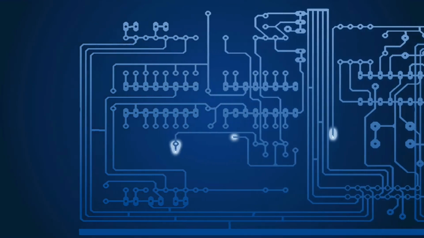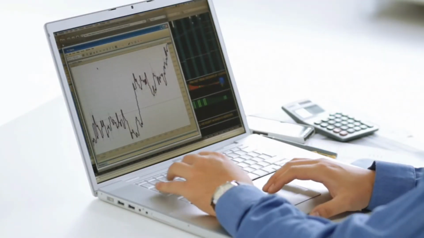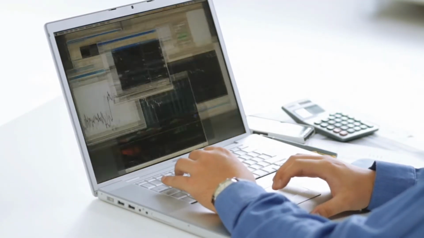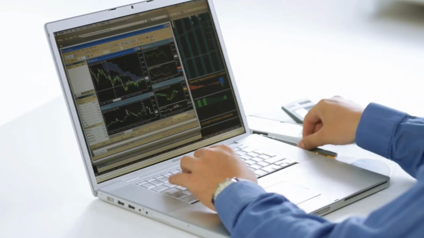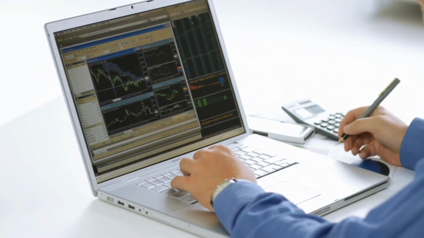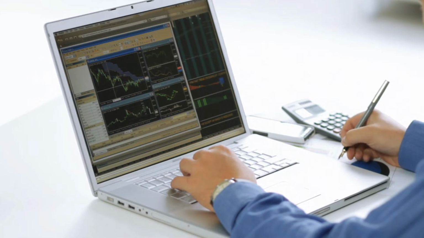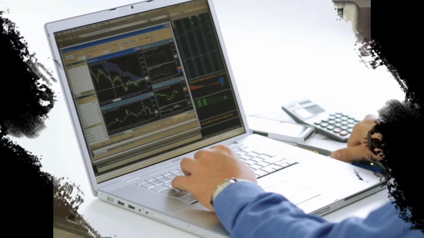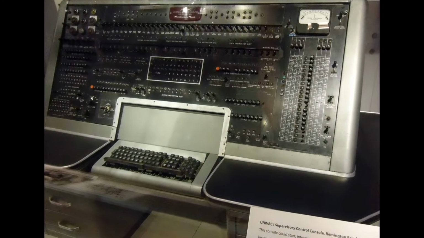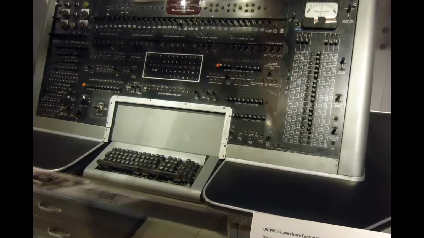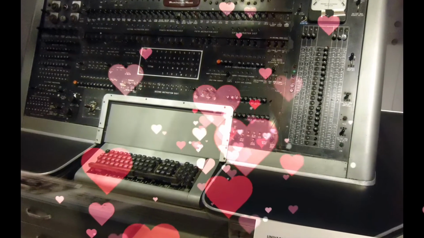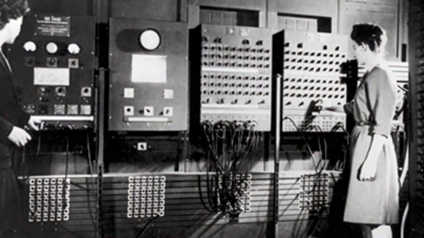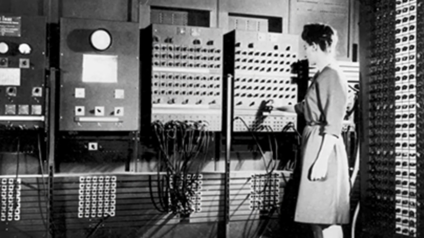The other advantage of storing instructions was that the computer could make logical decisions internally. Eckert and Mauchly later developed what was arguably the first commercially successful computer, the Universal Automatic Computer, UNIVAC, in 1952. Examples: ENIAC, EDVAC, UNIVAC 1.